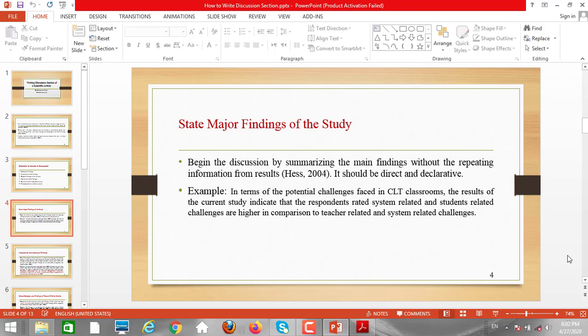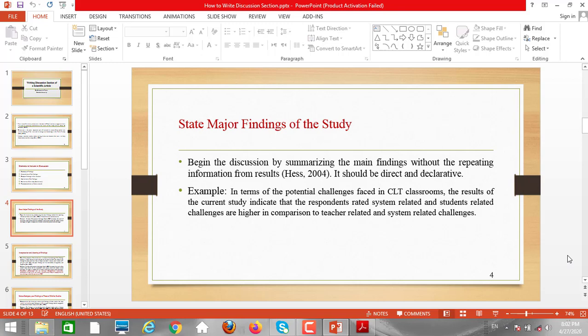Unlike in your data analysis where you provided numbers, percentages, means, and standard deviations with a lot of details, in the discussion section you have to summarize your major findings, which means briefly state them without providing the numbers, the percentages, all those things.